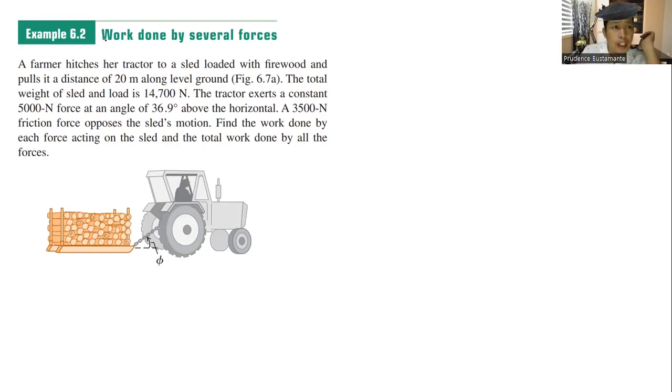So, the work done by several forces, example 6.2. A farmer hitches her tractor to a sled loaded with firewood and pulls it a distance of 20 meters along a level ground. So this is the sled loaded with firewood, and the farmer hitches her tractor, so it is connected to a tractor and pulls it a distance of 20 meters.